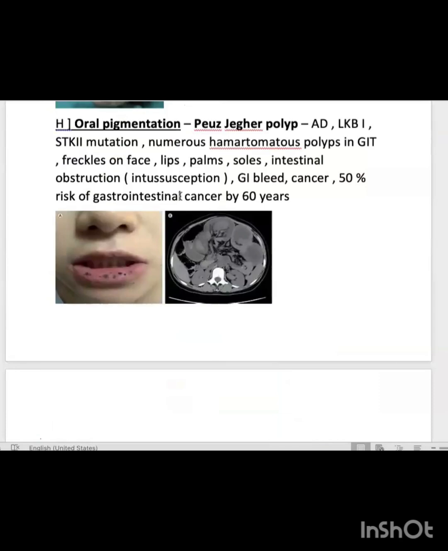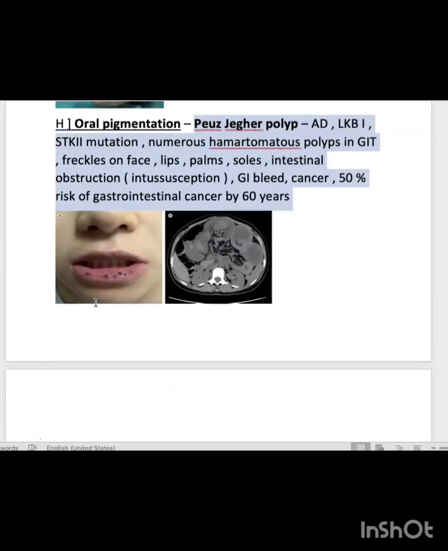Oral pigmentation. This is a very important part which is frequently given as a case in MRCP questions, which is Peutz-Jeghers polyp. It is an autosomal dominant condition associated with LKB1 STK11 mutations, which is characterized by numerous polyps in the GIT, freckles on face, lips, palms, soles, can cause intestinal obstruction, intussusception, gastrointestinal bleed, cancer, and the risk of cancer is 50% by the age of 60 years.